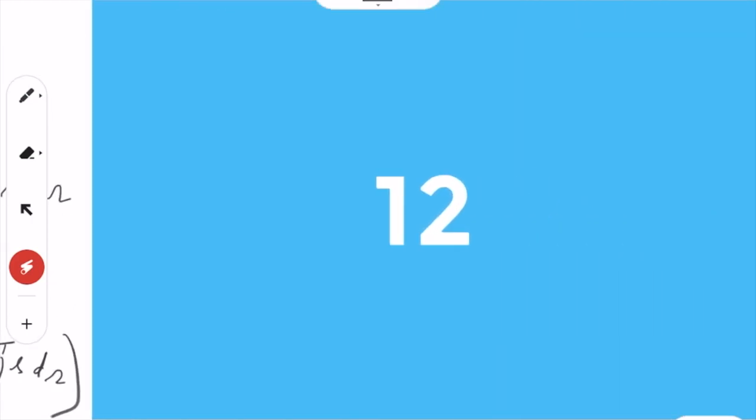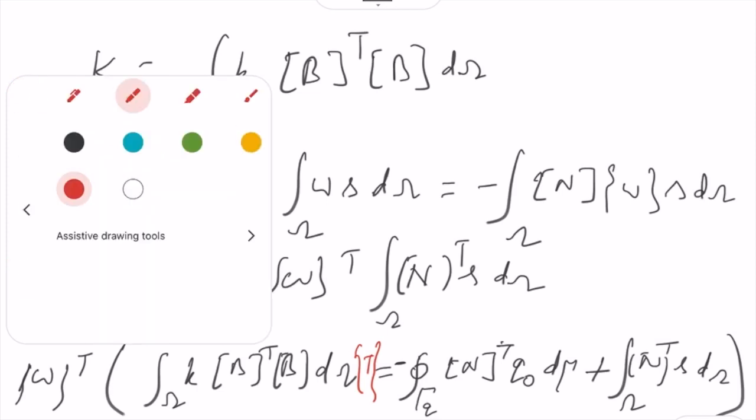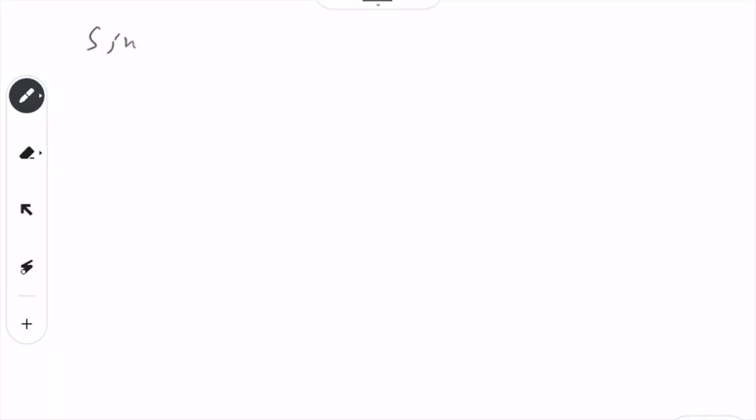So our equation becomes simply, okay, I think something we missed here, the t term has to be there, so multiplied by t here. Since W is arbitrary, we get this equation.